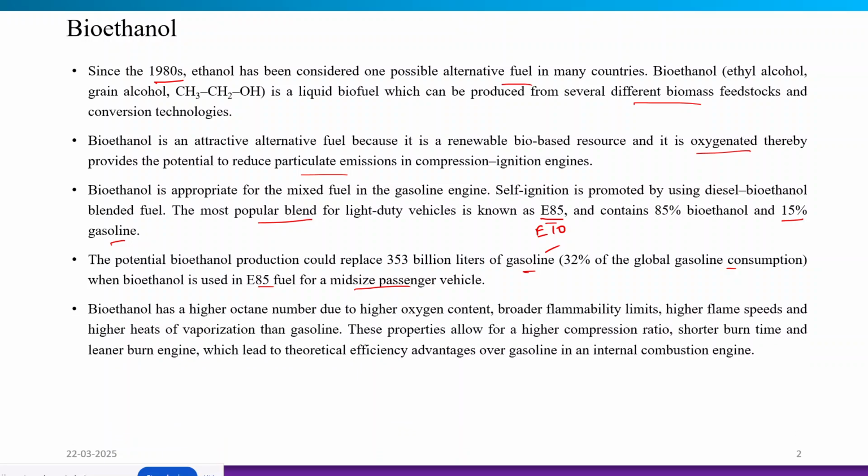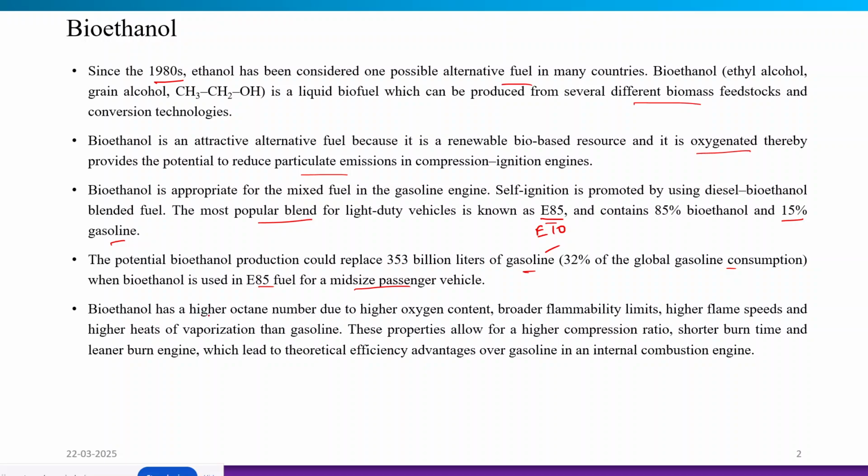So you can see that bioethanol has huge potential as an alternative fuel, right? Because the gasoline property and the bioethanol property are very similar, and somewhere better in controlling the emission from the vehicle's engine.